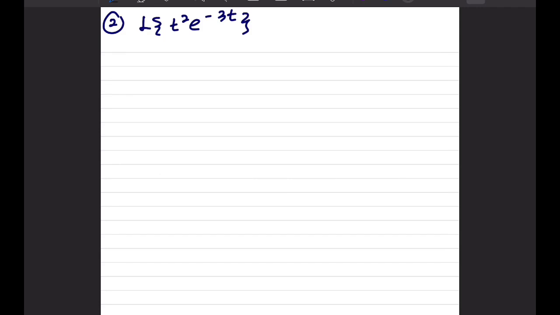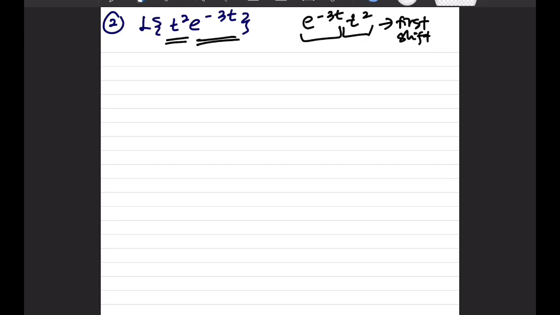Or you can use first shift, because we have exponent negative 3t multiplied with t squared. Exponent multiplied with a function of t. So you can use first shift. And you can apply the multiplying by t^n property, because we have t^n multiplied with a function of t. So for this question, you can use 3 properties. However, in this lesson, you will solve using multiplying by t^n.